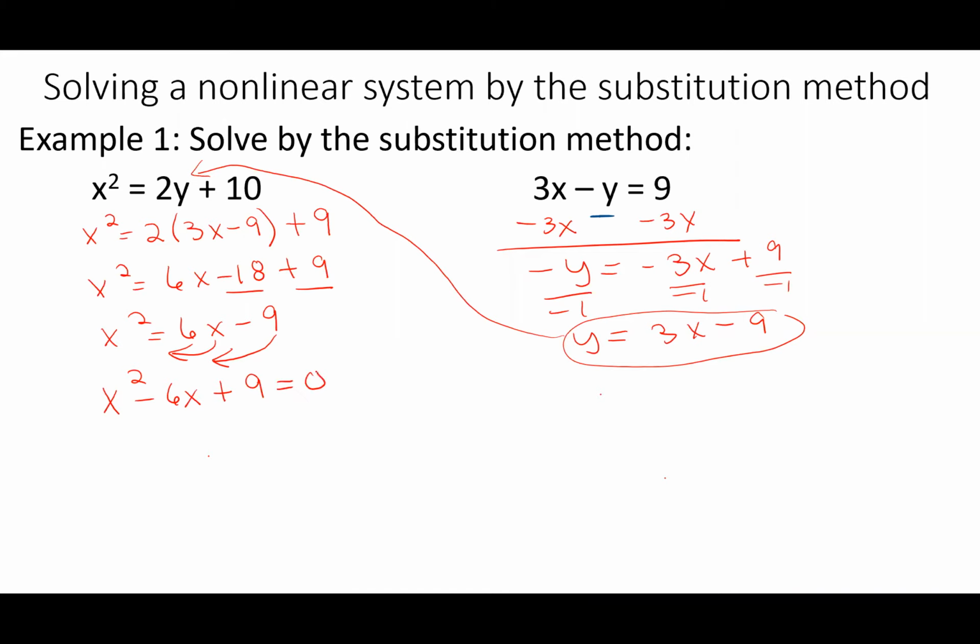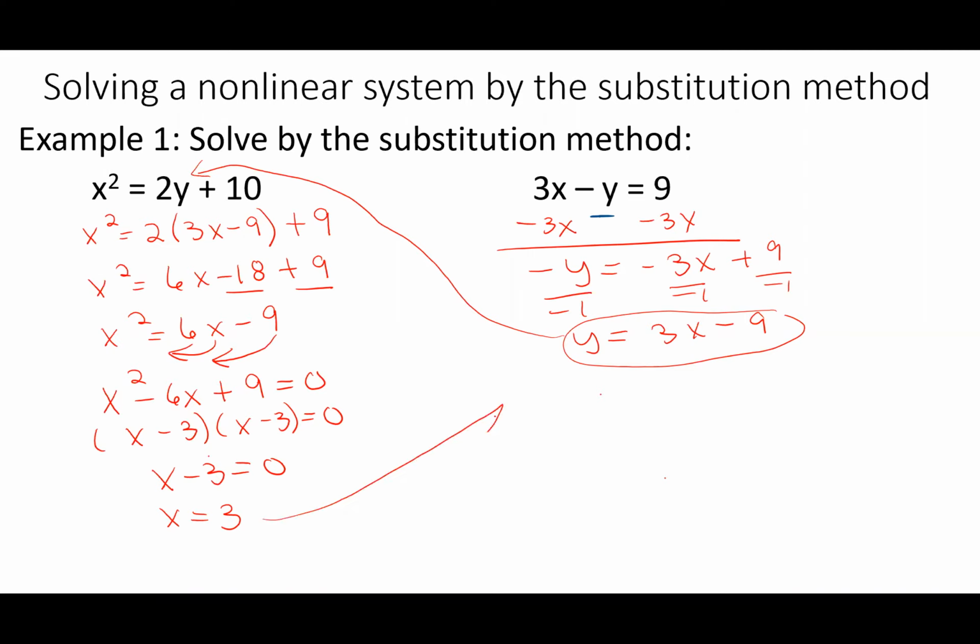Okay? Factoring, I get x minus 3 and x minus 3. So if I set x minus 3 equal to 0, I get that x equals 3. Now, if x equals 3, what does y equal?